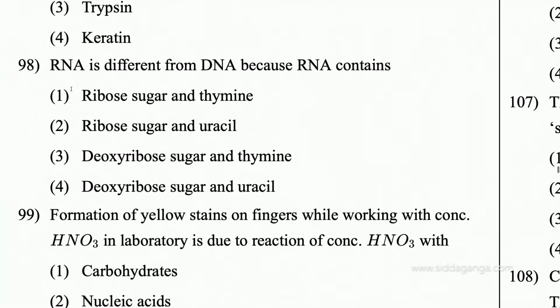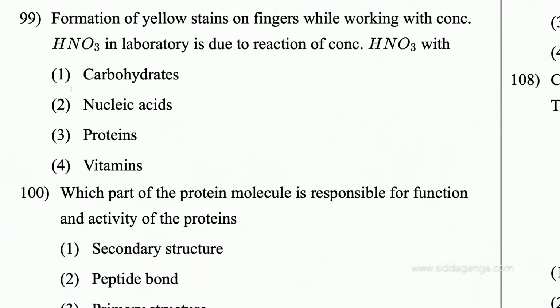Question number 99. Formation of yellow stains on fingers while working with concentrated HNO3 in the laboratory is due to the reaction of concentrated HNO3 with, it's a very simple thing. It is the reaction of nitration on the aromatic rings of different amino acids, and amino acids are present in what? Proteins.